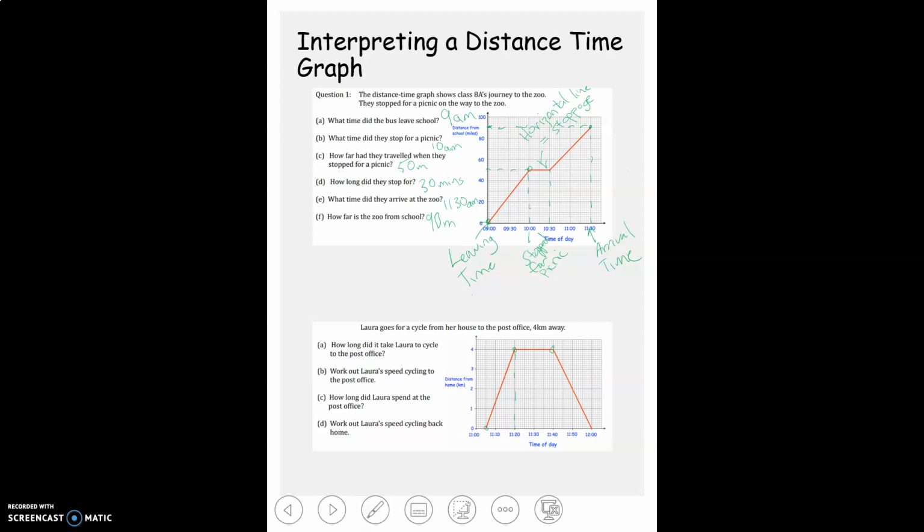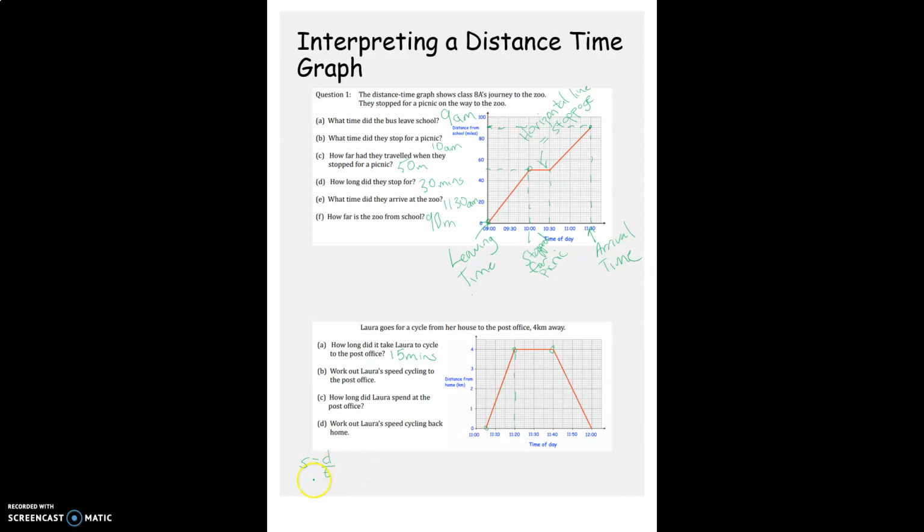Question 2, B. We're trying to work out what Laura's speed cycling to the post office was. So speed equals distance over time.